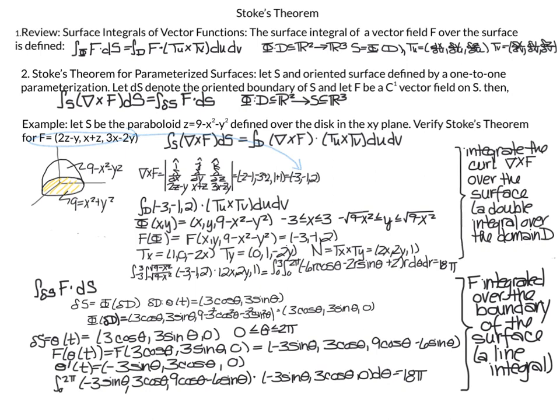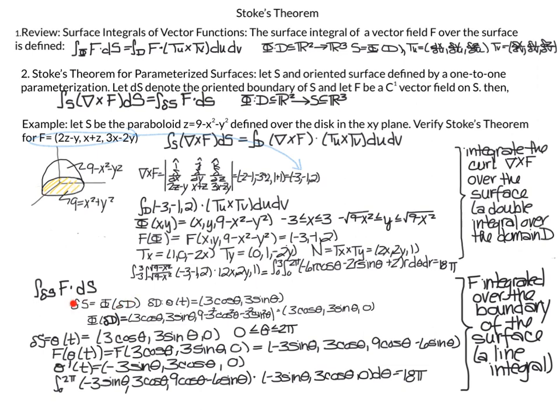Now that we've done this entire integral here, to verify Stokes' theorem, we need to do the same kind of calculation, but using the right-hand side of the equation, that is the integral over the boundary of f ds. And remember, this del S is the boundary. The formula for del S is phi applied to del of our domain.